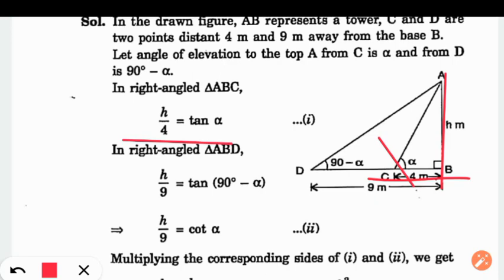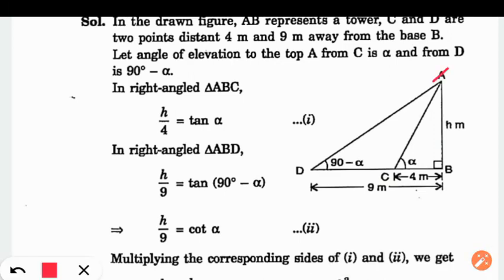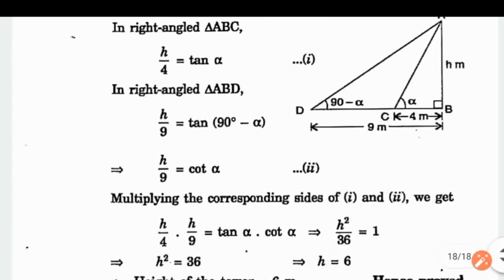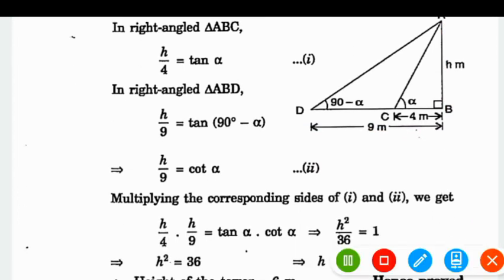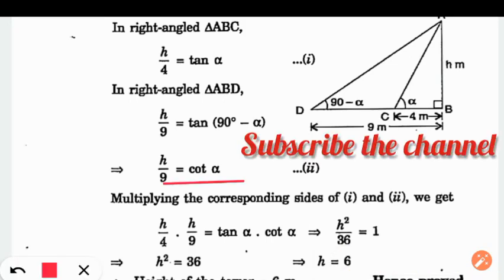Again use the bigger triangle, triangle ADB, this full triangle. So, tan of this angle 90 degree minus alpha, perpendicular by base, H by 9, and we know from the formula of complementary angles that tan 90 degree minus alpha is cot alpha, tan 90 degree minus theta is cot theta, right.